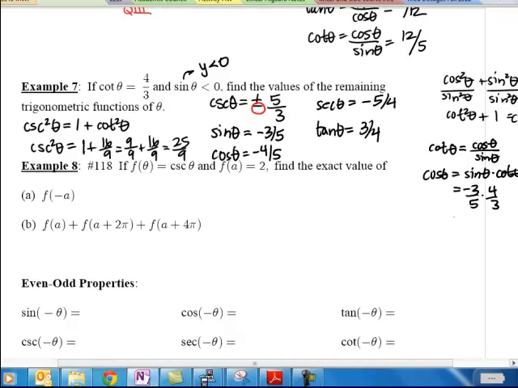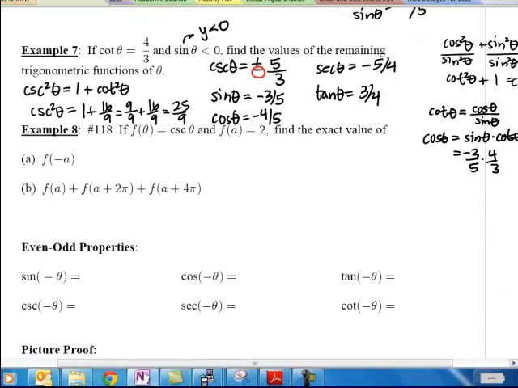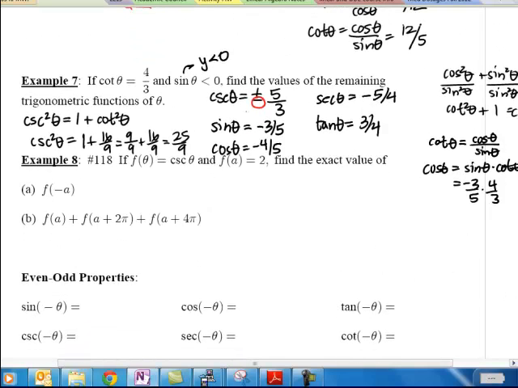So there are other ways to get through that, but that's at least one example of how we can work with the information that was given to get all the trig function values.